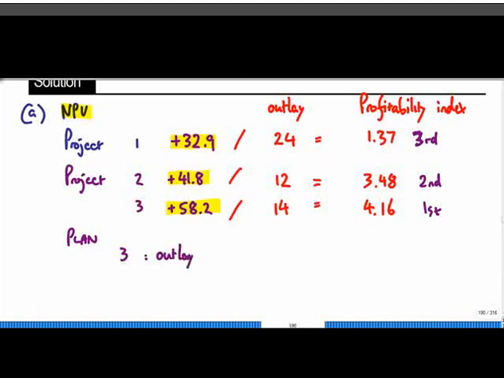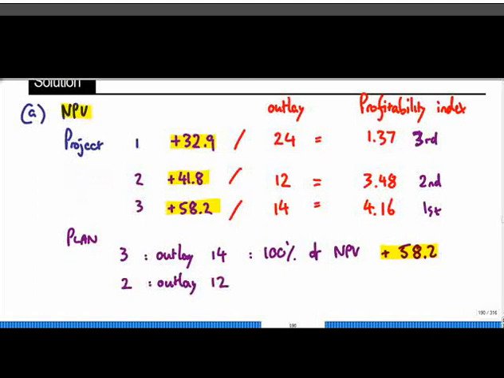So we'll get all of that project's NPV of 58.2. Next we'll do project number 2. The outlay required next year here is 12. So again we can afford 100% of it. We'll get 100% of the NPV of 41.8.